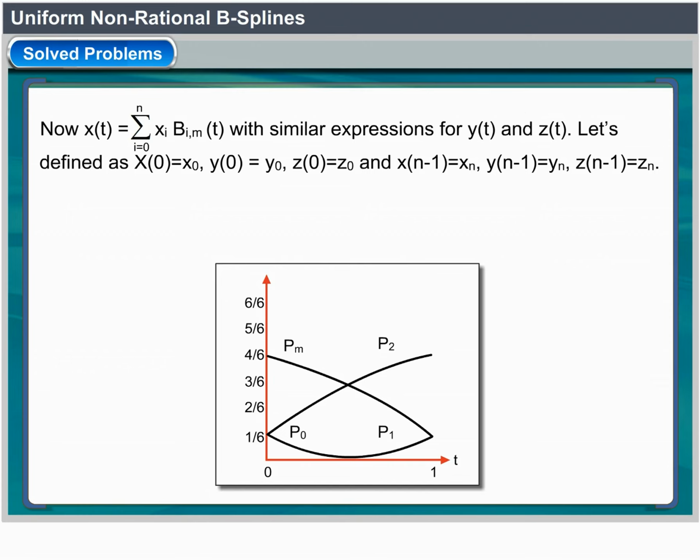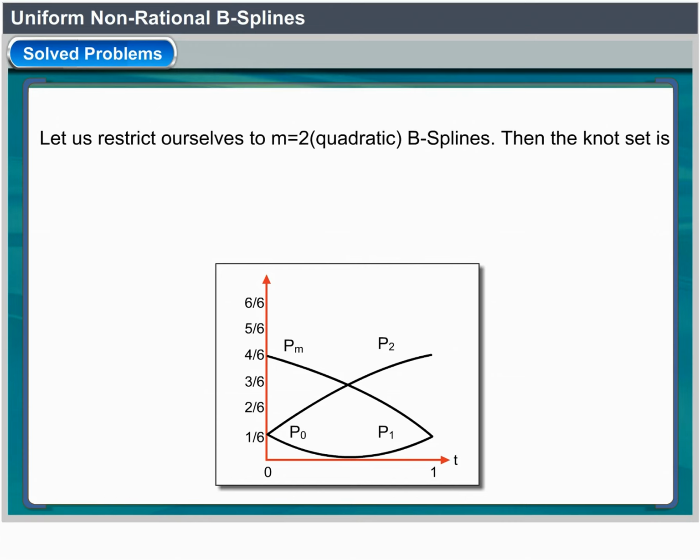We wish to show that x(0) equals x0, y(0) equals y0, and z(0) equals z0, and x(n-1) equals xn, y(n-1) equals yn, and z(n-1) equals zn. Let us restrict ourselves to m equals 2, quadratic B-splines. Then the knot set is as shown.